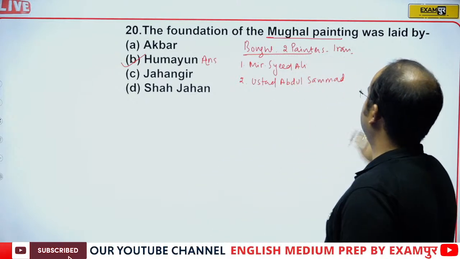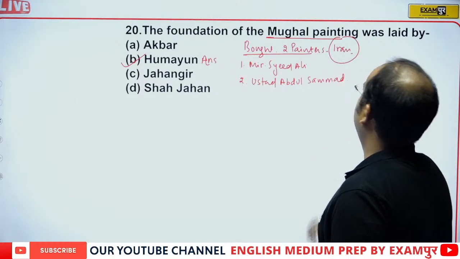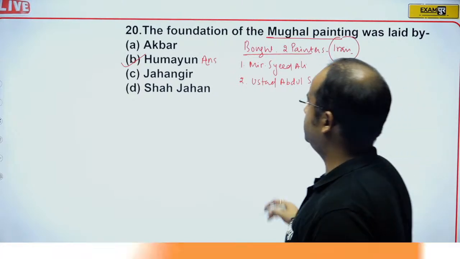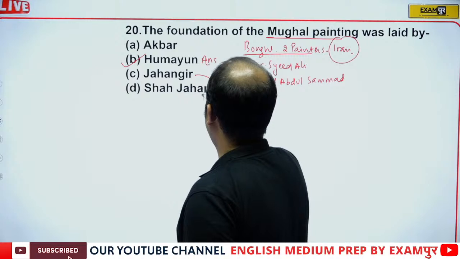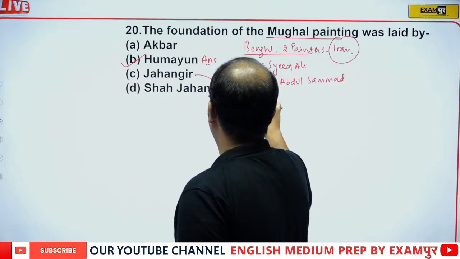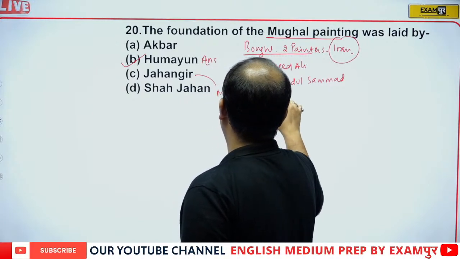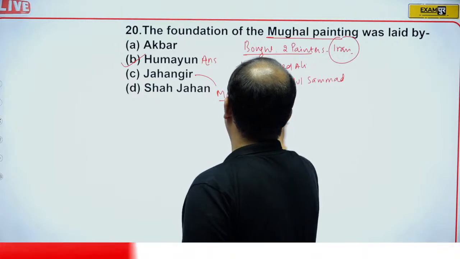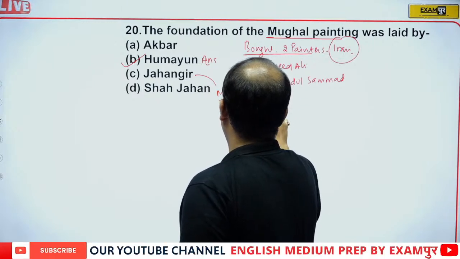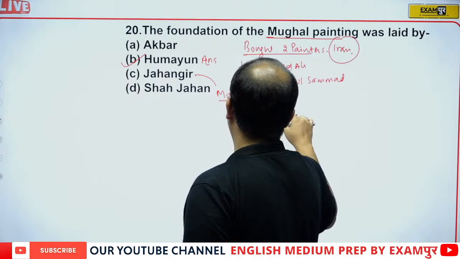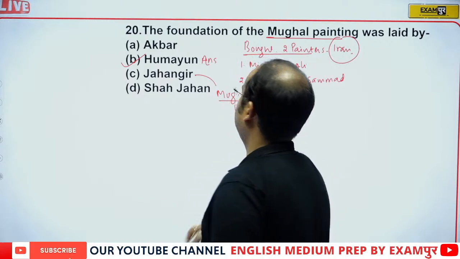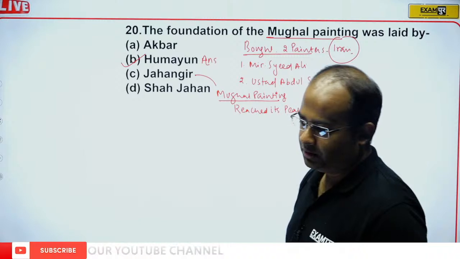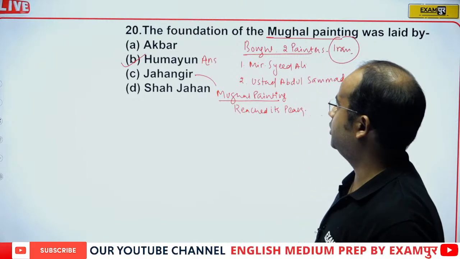They were the two painters who were brought to India from Iran. And during the time of Jahangir, Mughal painting reached its peak. Therefore, the correct answer will be, guys, option B.